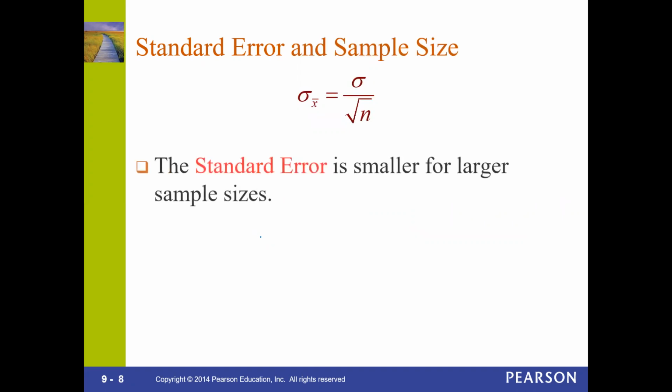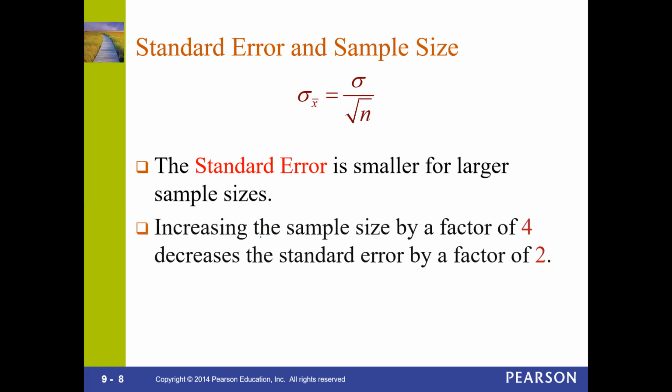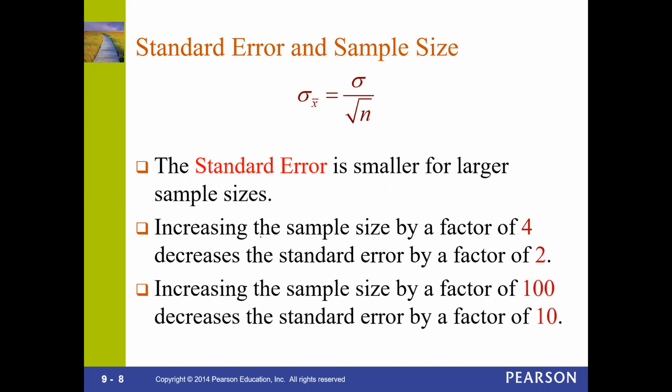As you can see, the standard error is smaller for a large sample. For example, if you increase n by a factor of 4, it will be decreased by 2. If you do a factor of 100, it's going to be decreased by 10. That means the larger n is, if n is very large, then sigma x bar will be very small.